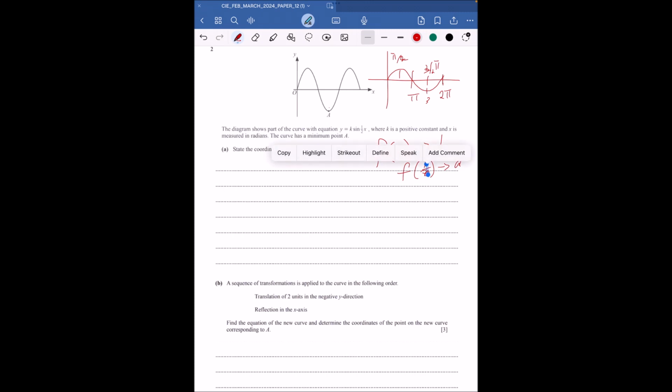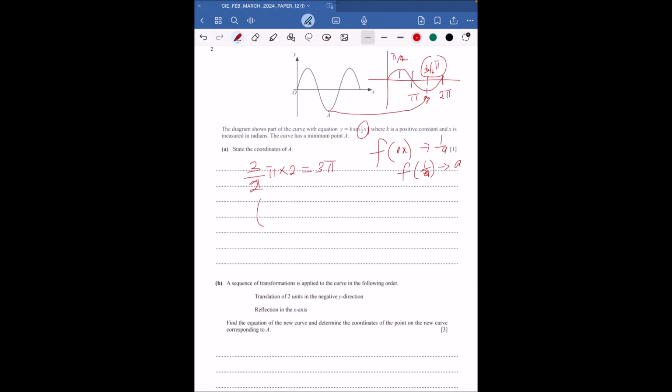All right, so all the x values are now being doubled because it is half x. They are doubling, and this point corresponds to this point. So I doubled this value. 3 over 2 pi times 2 will be 3 pi.